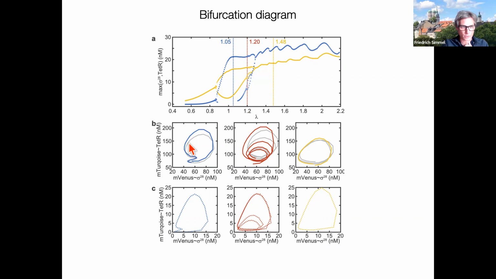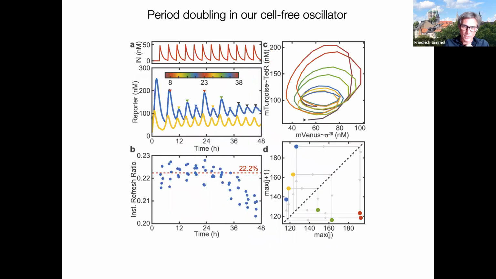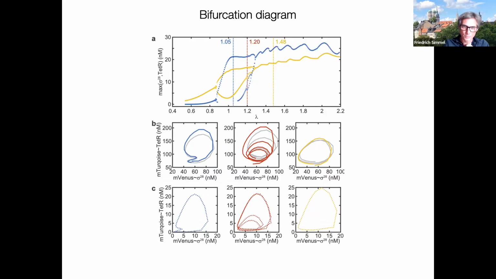And this corresponds well to what we observe in the experiment. So this curve here corresponds to this parameter setting, and this looks like period doubling, and well, not exactly. And this is the example from the previous slide. So we are quite excited that that works.